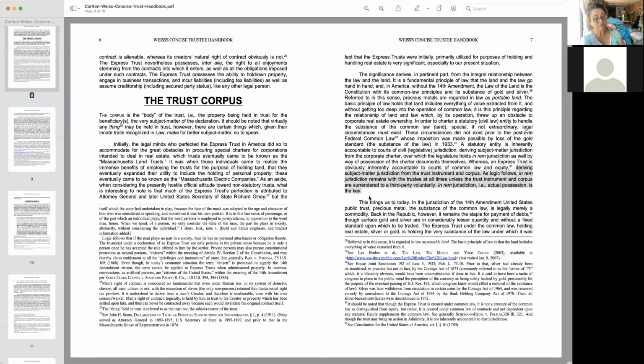What does jus in personam mean? Let me look that up. Jus in personam, J-U-S. Let me read that one. This is very interesting. Googling. So in personam is a Latin phrase meaning against a particular person.